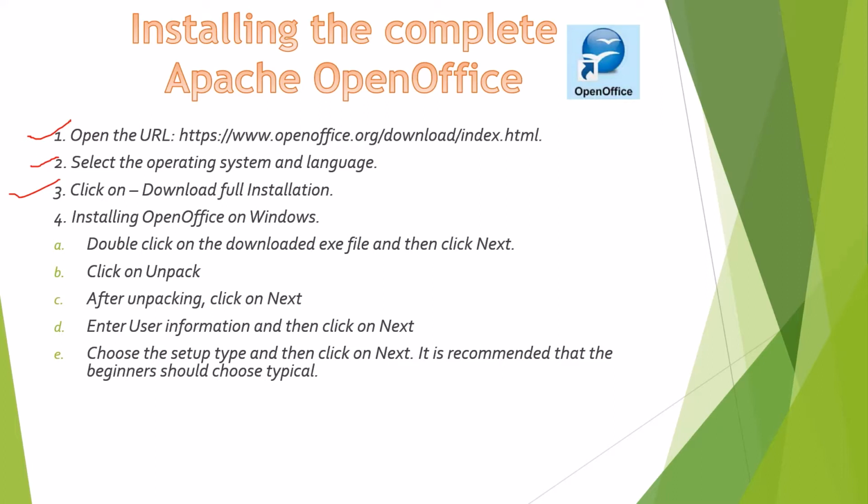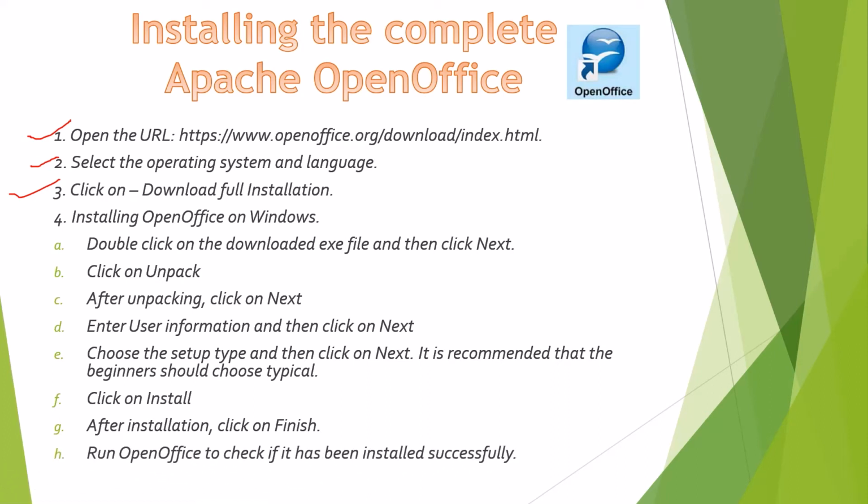It is recommended that beginners choose typical, meaning if you are using Apache OpenOffice for the first time, you should choose typical. Then click on install, and after that, click on finish. Then it will be installed and you can run OpenOffice to check whether it has been installed successfully. Click on the spreadsheet to open OpenOffice Calc.